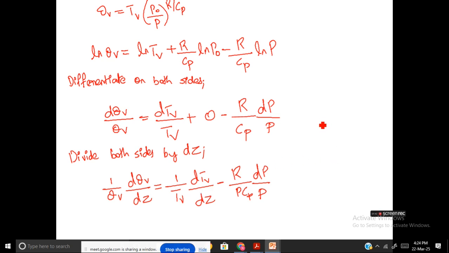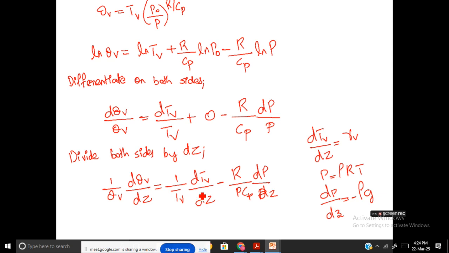Now this can be simplified after substituting dTv by dz. The rate of change of temperature with respect to height is nothing but the lapse rate, the environmental lapse rate gamma V. And P is equal to rho RT, which we can substitute in the third term, and dP by dz is equal to minus rho G, which can also be substituted in the third term.